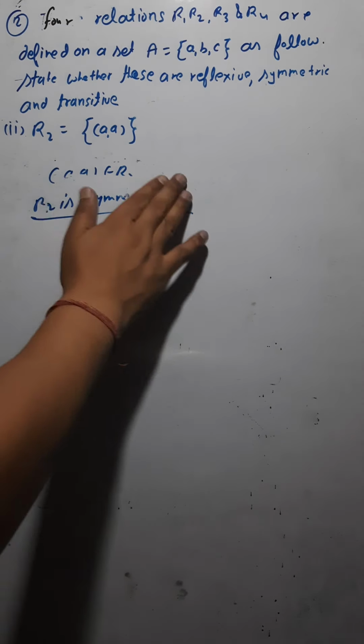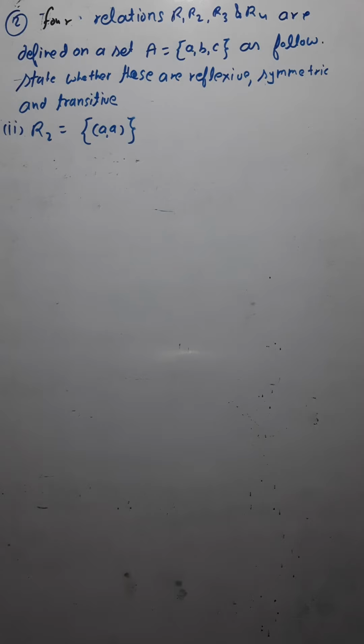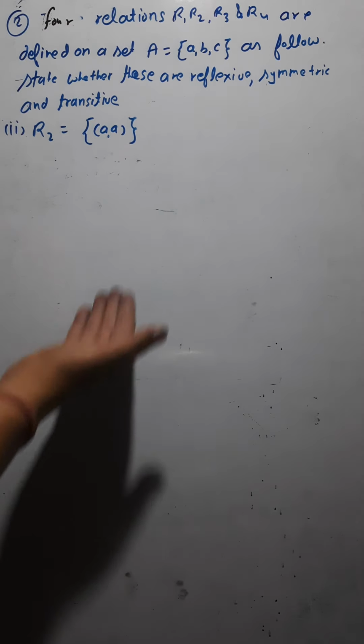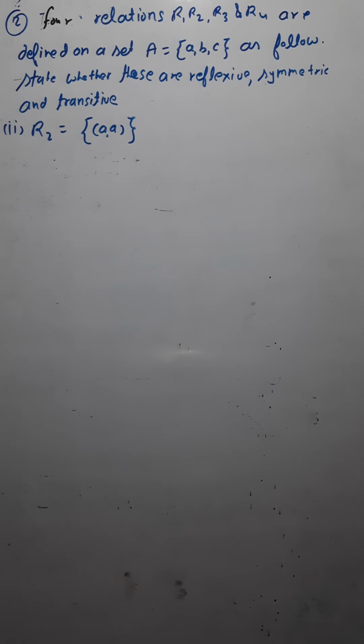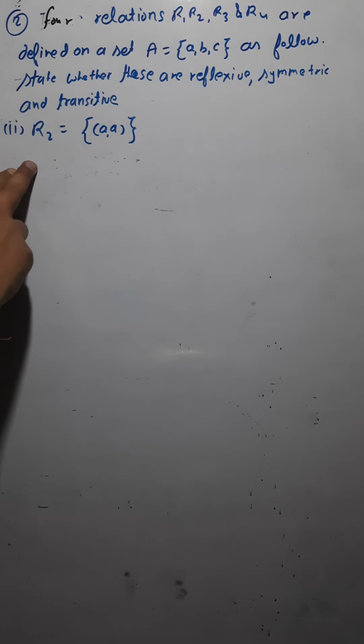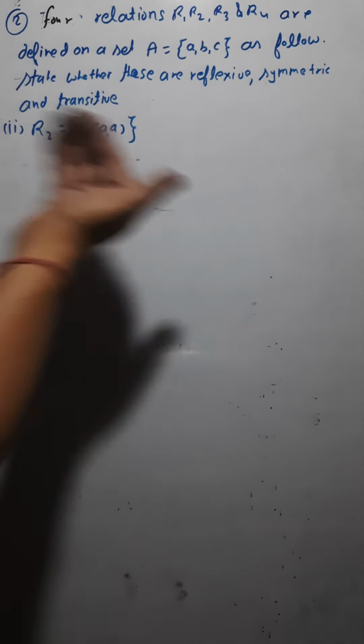Why? Because it is having only one ordered pair inside the relation, that is (a, a). If it contains only one ordered pair, you would call it transitive, isn't it? So the relation containing only one element would be automatically transitive. Because for a relation to be transitive, we need two or three ordered pairs.